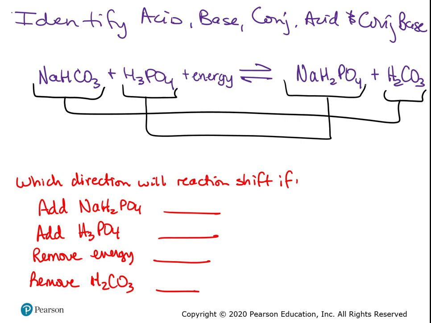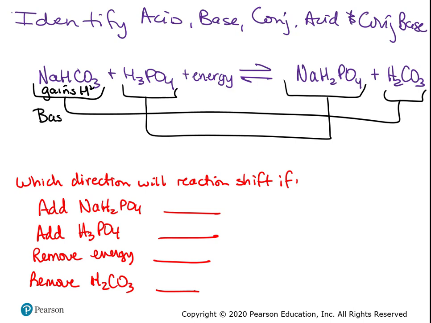So then in the next question, what happens to the hydrogens for the first one? Does it gain or does it lose hydrogens? Going from NaHCO3 to H2CO3, it gains. It gains a hydrogen, so that makes it an acid or a base?